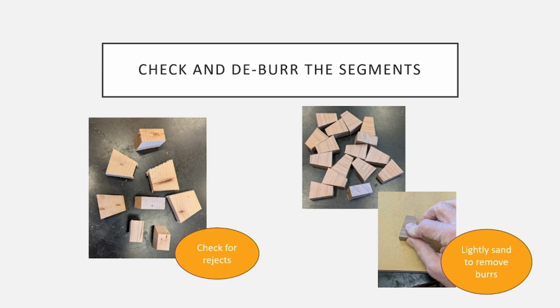The last step in cutting the segments is you want to look at your segments and check to make sure that you don't have, yeah, go ahead. I'm missing something, how you get the wedge shape. Ah, it's this angle on these two fences. If I cut this one, the table saw blade will be right here.